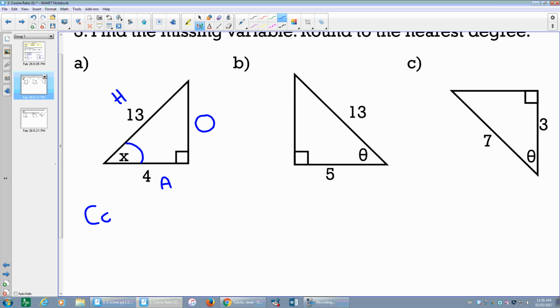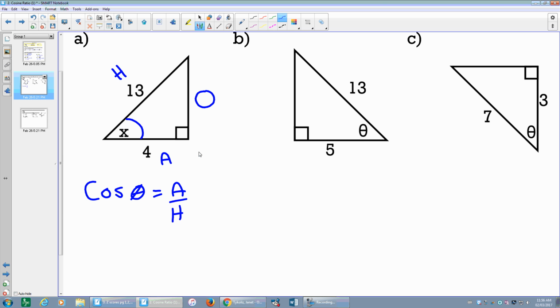So what will I write here? My formula here is cos theta is equal to adjacent over hypotenuse. You're going to notice here I'm not given the opposite side, so this is why I use the cosine formula.